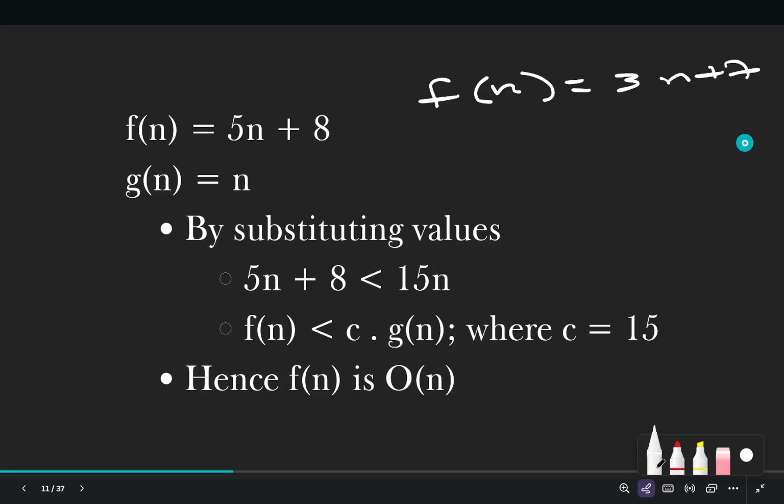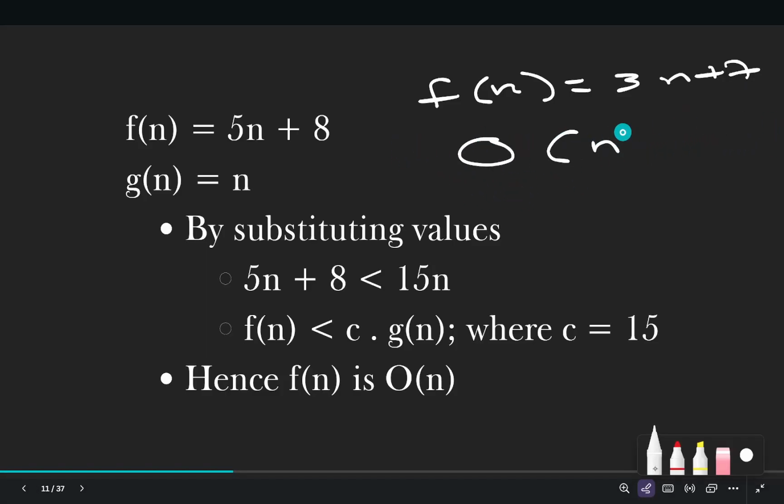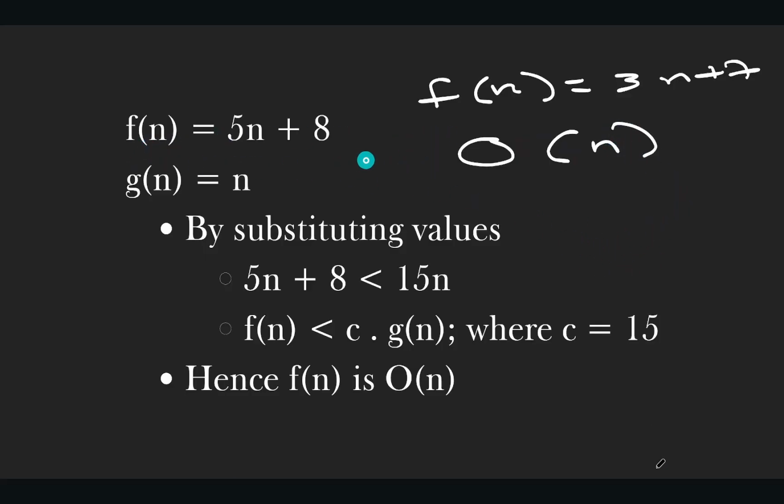So even for this function, big O will be n. For both of these functions, big O was the same value. So both of these functions belong to the same class. That's another way of looking at big O notation.